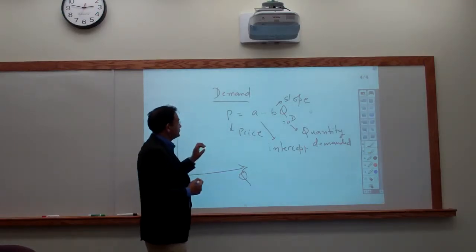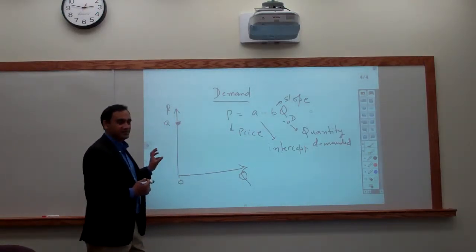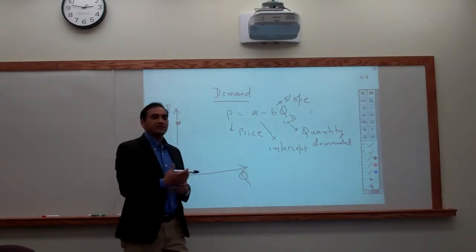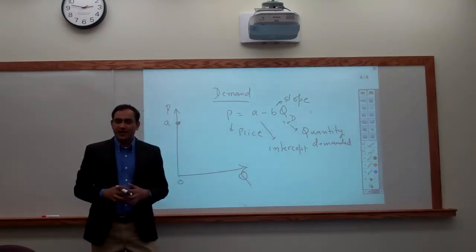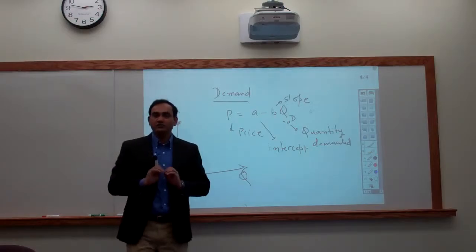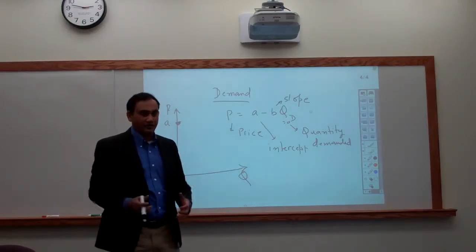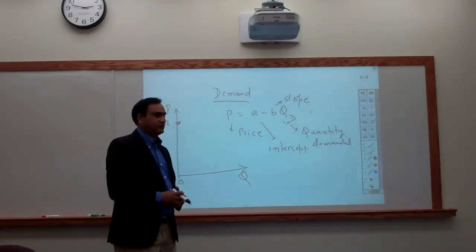Let's suppose price is 0. What is the quantity demanded equal to at that price? Hypothetical price. Let's say price is 0. You give the product for free. How much would be demanded? Can you tell me?